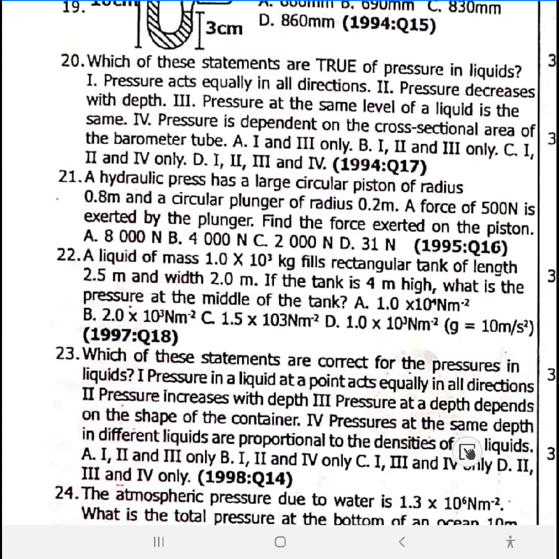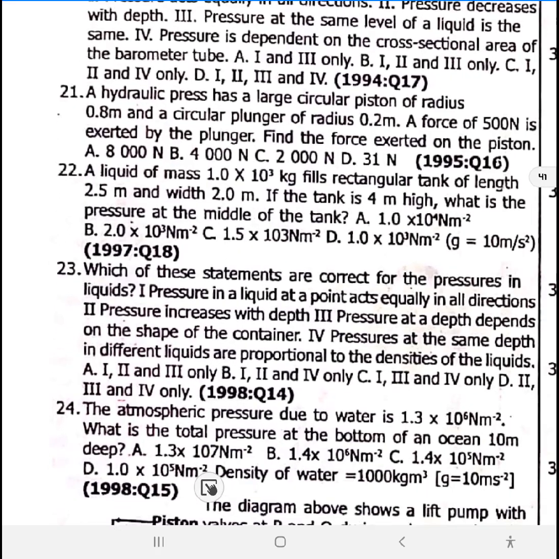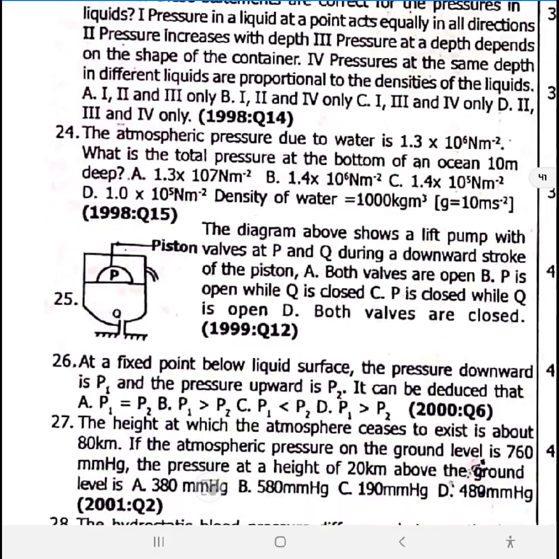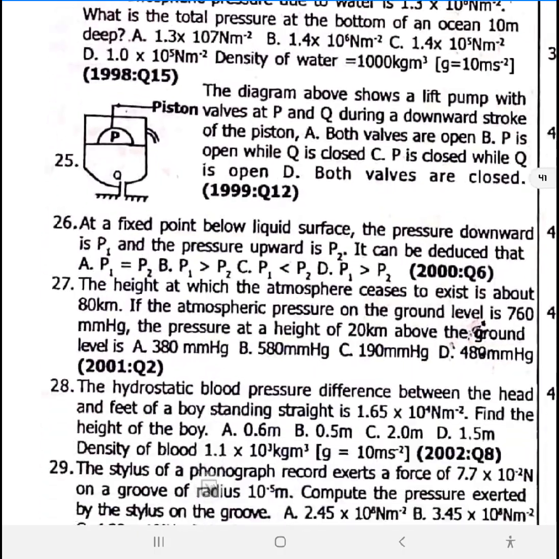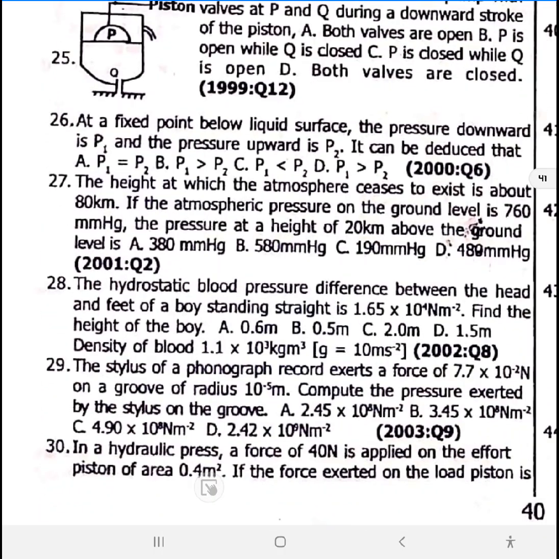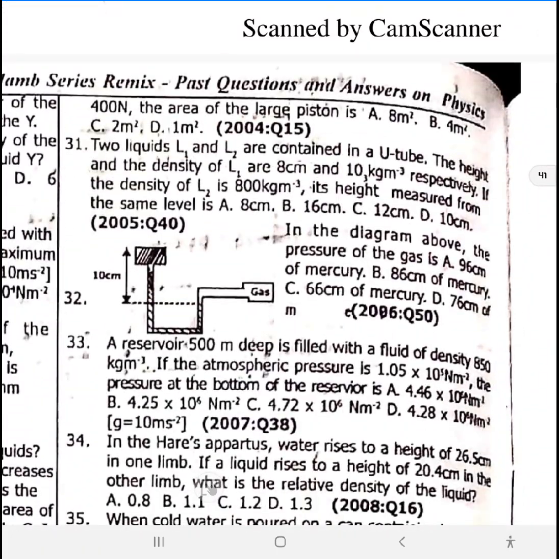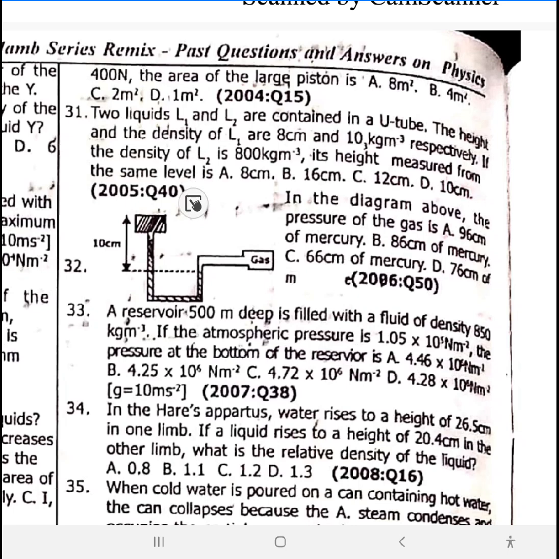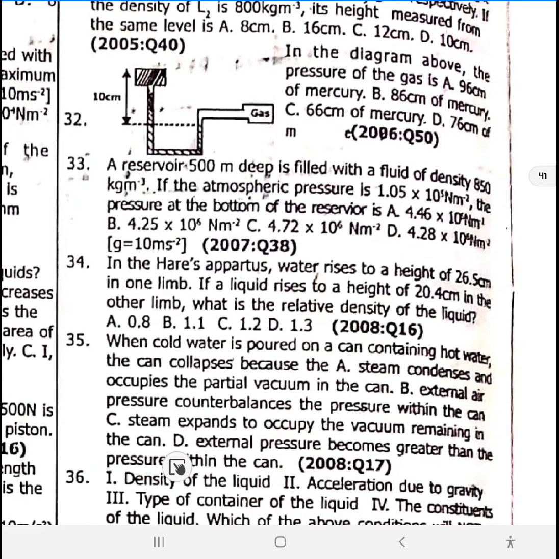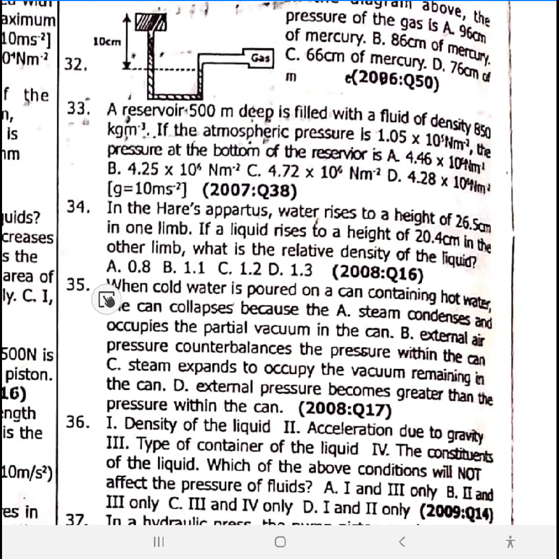And the pressure at the same depth in different liquids is proportional to the density of the liquid. 23 is option B. And compare it to question 20. 24, calculation. 25, 26, 27, 28, 29, 30, 31, 33, calculations. 35.